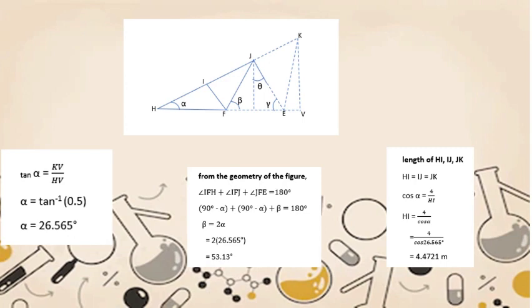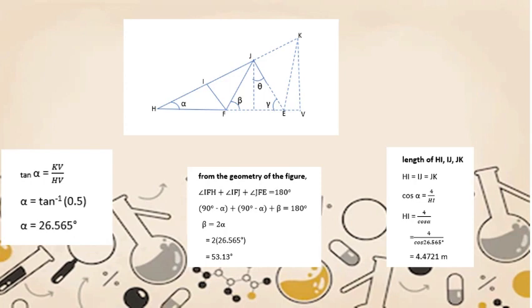Next, we need to find the length of HI member, where the length of HI member is equal with IJ member and JK member.